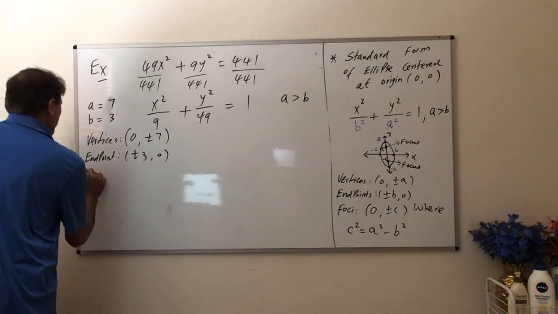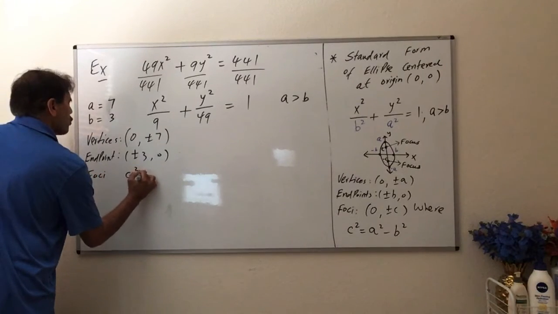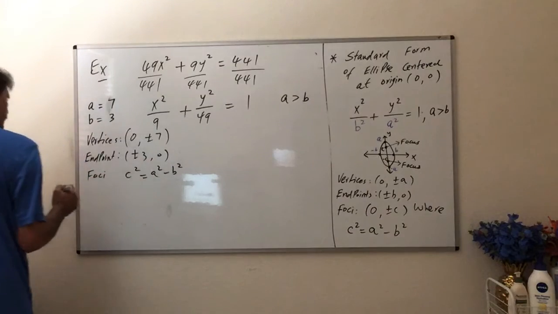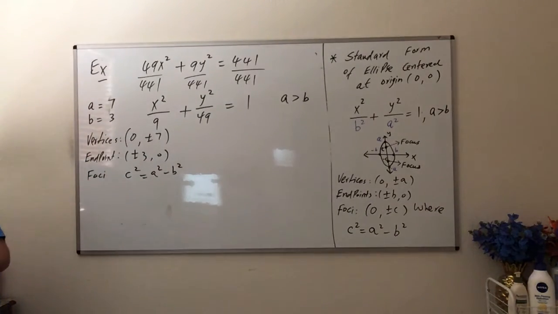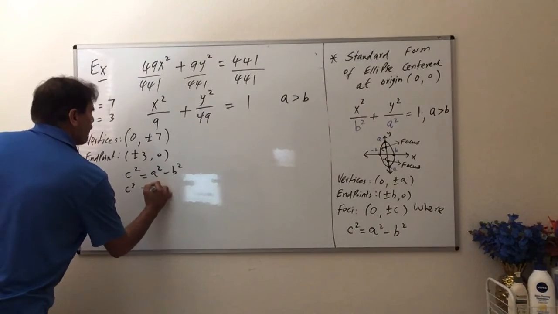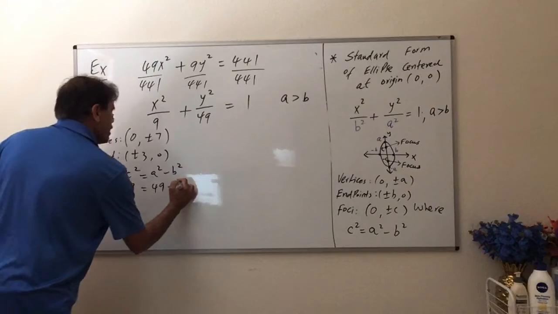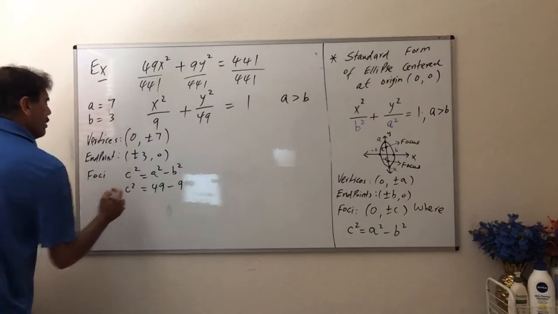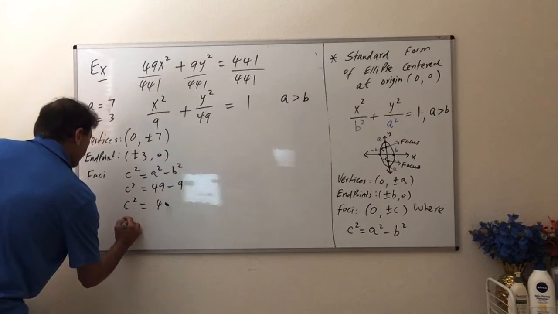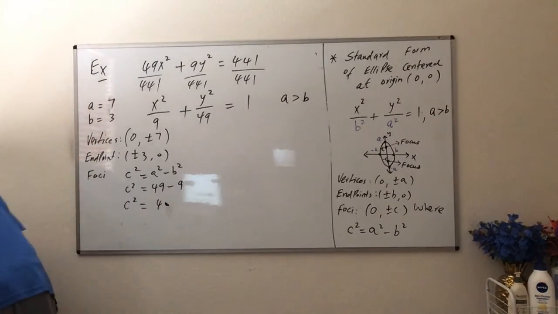And your focus points, the foci: c squared equals a squared minus b squared. In this case, c squared equals 49 minus 9. So c squared equals 40, which is 10 times 4.